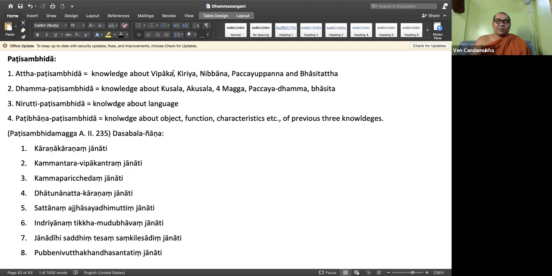At that time they are no longer Brahmas. They have already died from the Brahma abode, but they become a kind of being. They can fly in the sky through some kind of jhana attainments.